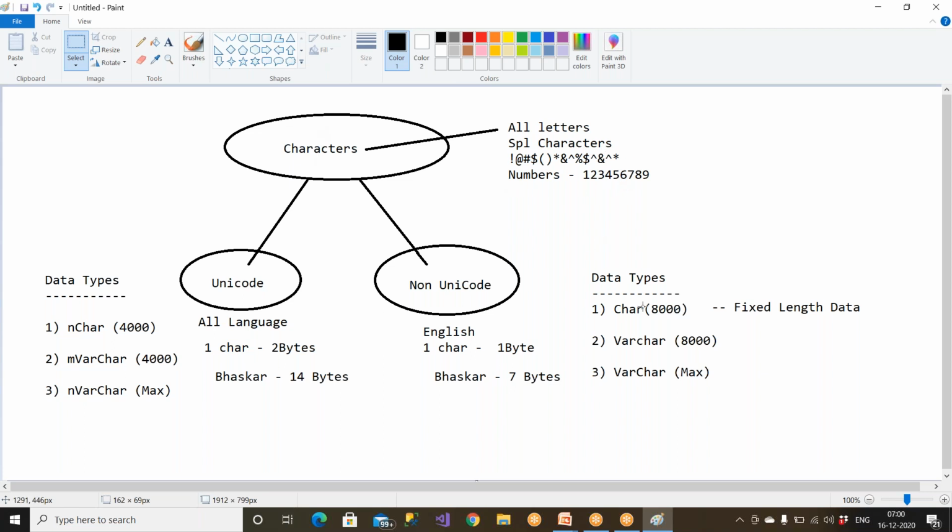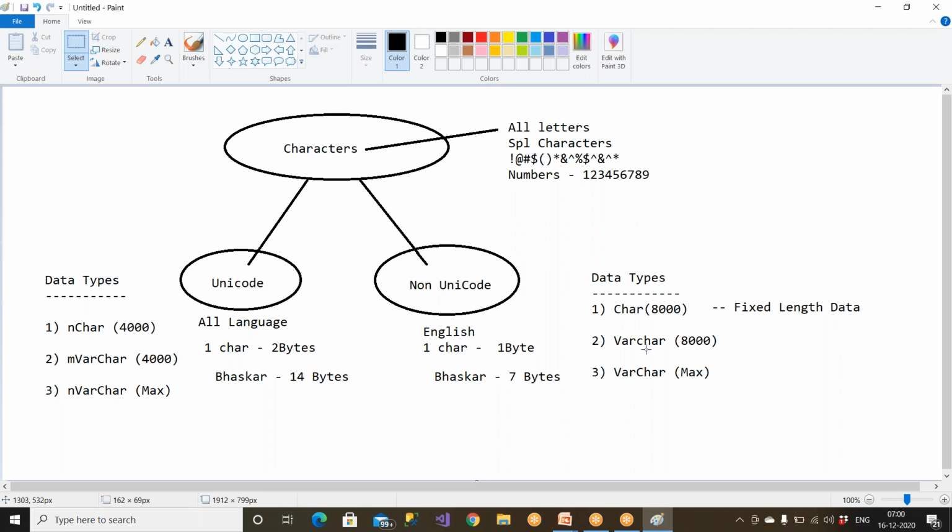Clear? So when I say char, it is going to occupy fixed length data. For example, in India, my phone number, my postal code.